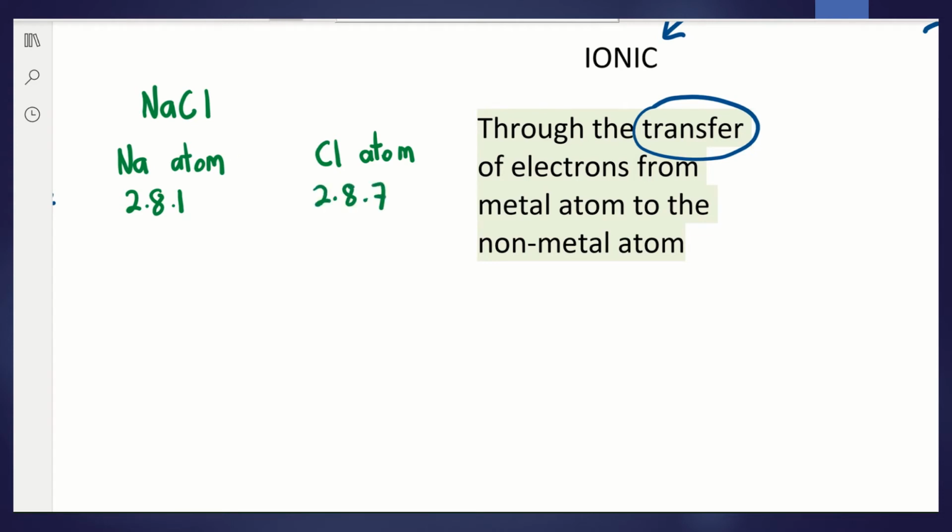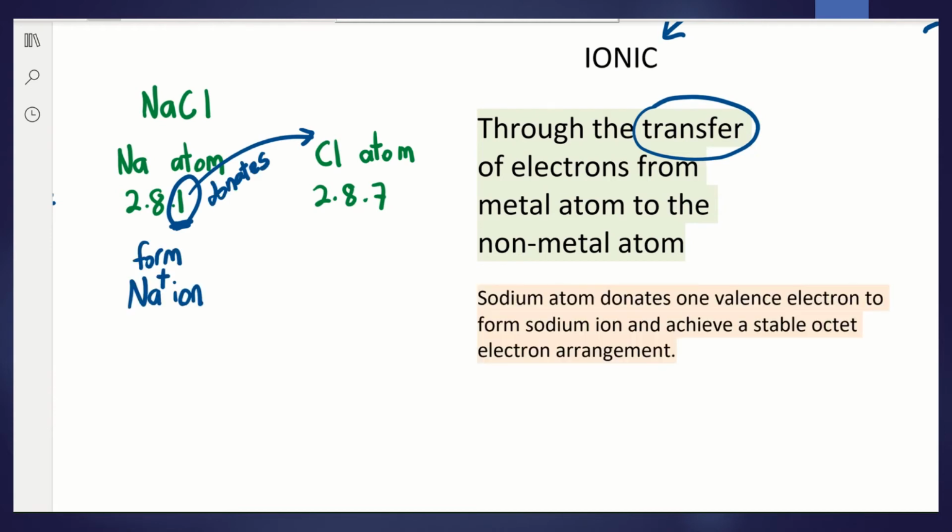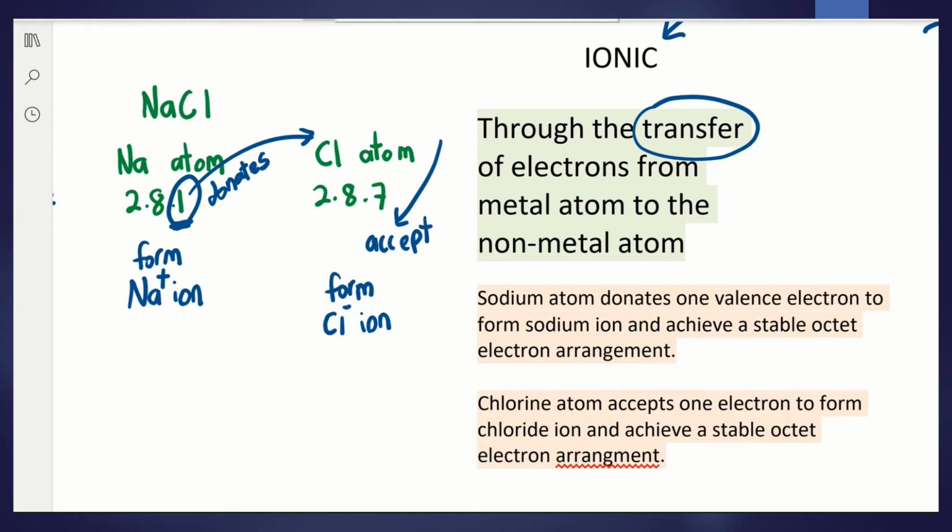Sodium atom donates 1 valence electron to form sodium ion Na+ and achieve a stable octet electron arrangement. Chlorine atom accepts 1 electron to form chloride ion. The strong electrostatic forces between sodium ion and chloride ion is known as ionic bond.